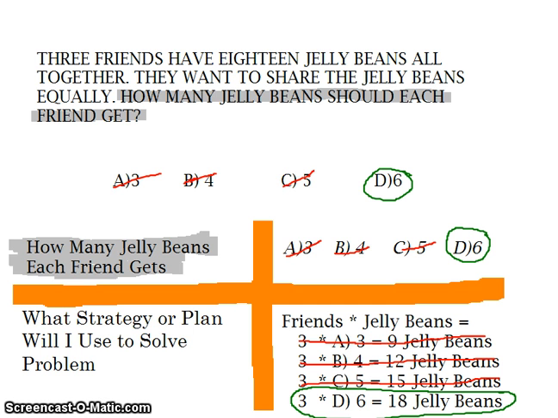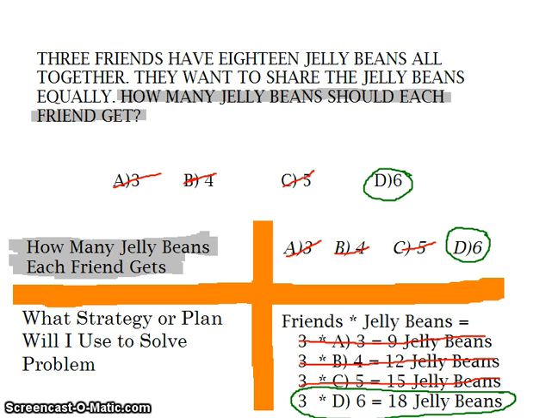Using the workout space at the bottom, I'm going to multiply the number of friends times jelly beans, which are the answer choices. So looking at A, which is 3 jelly beans, we know that 3 times 3 is equal to 9 jelly beans. I can mark out A because that is not the answer.